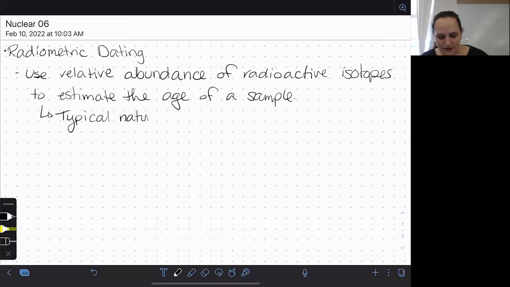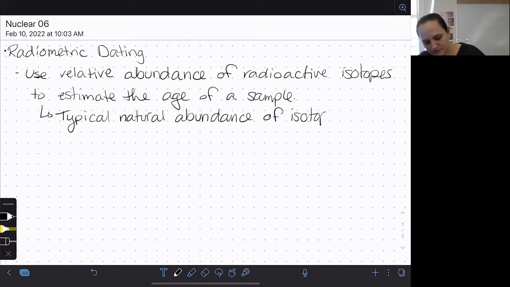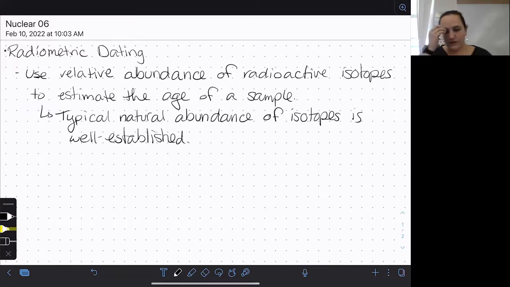So the typical natural abundance of isotopes is well established.